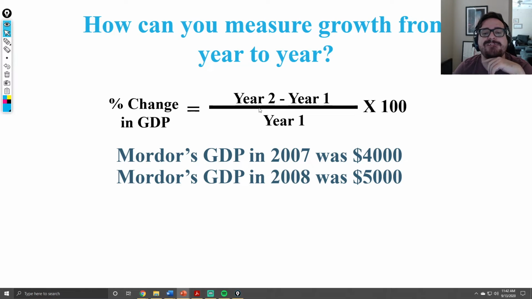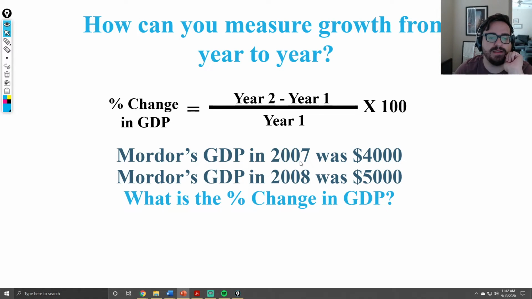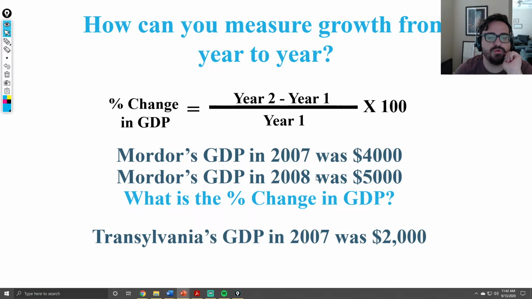So it would be 5,000 minus 4,000 over 4,000 times 100, which means 5,000 minus 4,000 is 1,000. 1,000 over 4,000, drop all those zeros, is a fourth. How much did it go up by? 25%. GDP went up by 25%.